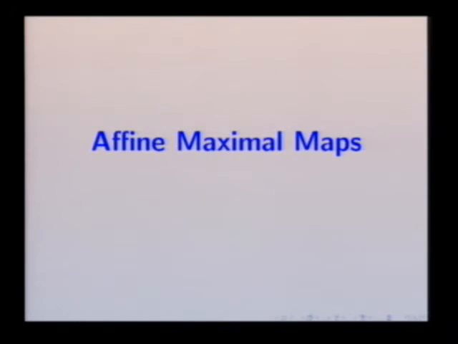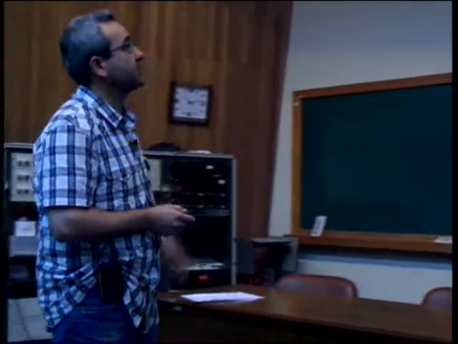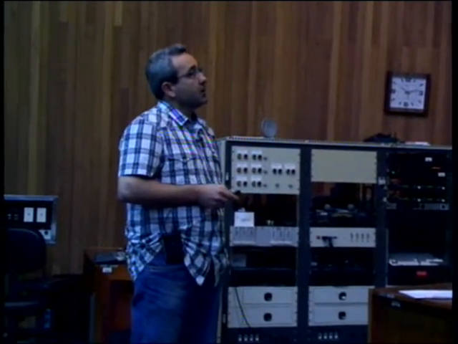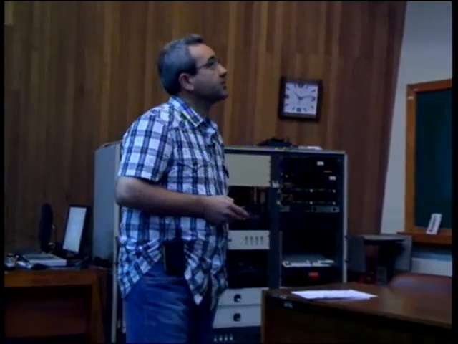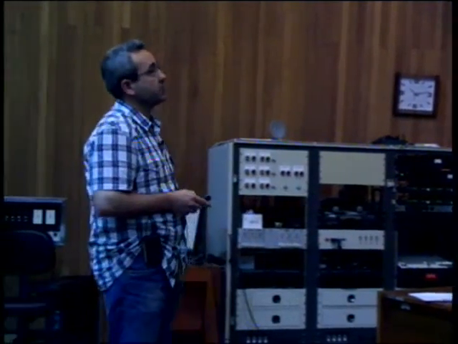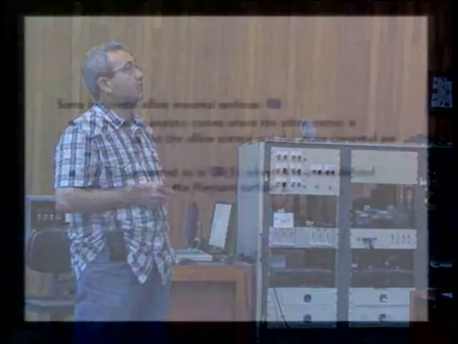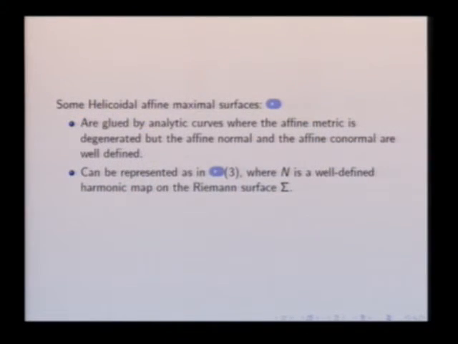More examples. And at this point, motivated essentially by the previous pictures, it is interesting to consider affine maximal surfaces admitting some kind of singularities. In fact, if you observe both examples, they are glued by analytic curves, and along the curve the affine conormal is always well defined.